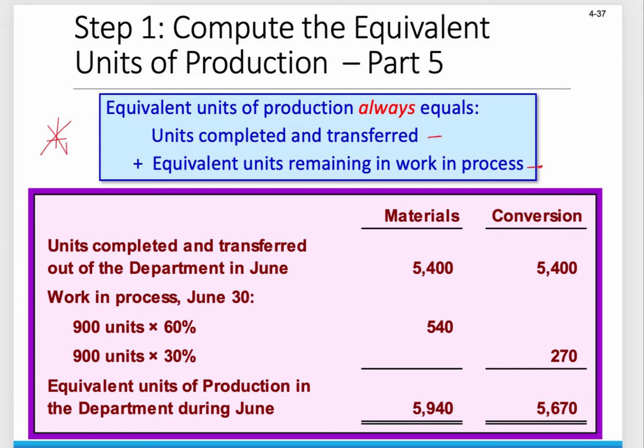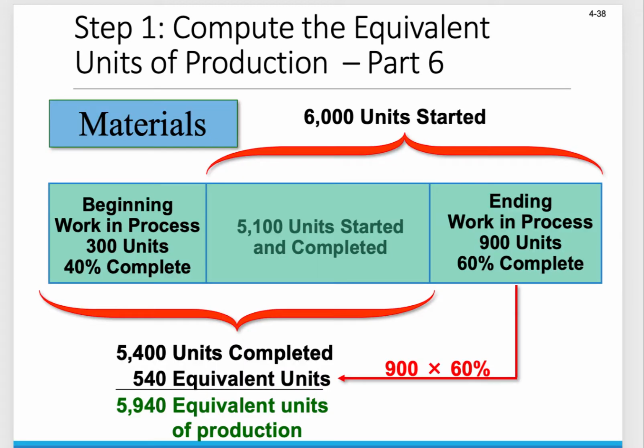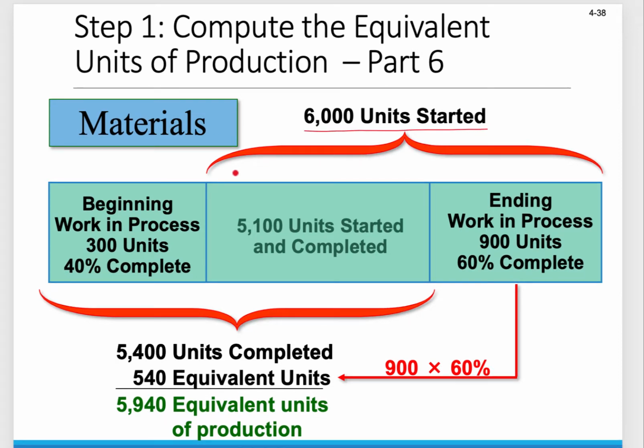Okay, so now we have to look at a different visual, which depicts the equivalent unit calculation for materials. Notice what we have here with respect to materials. 6,000 units were started. How do you know that? Because they tell me beginning WIP was 300 units, which with respect to material was 40% completed.